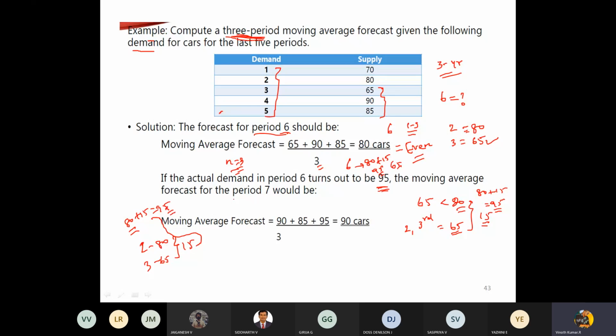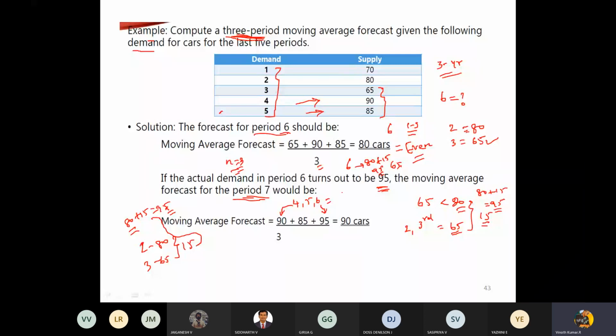Here in the period of 7, if you are going to calculate the period of 7, you take the last three values. That is the 4th, 5th and 6th period values. The fourth period is 90, as given in your problem; for 5 it is 85, and for 6 it is 95.